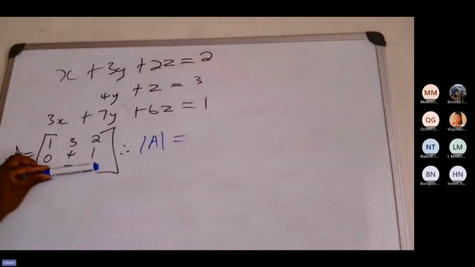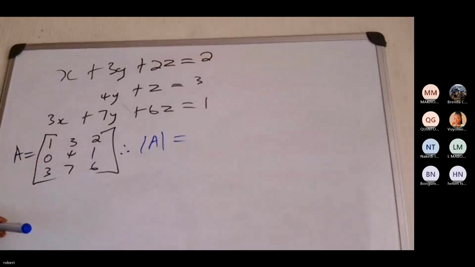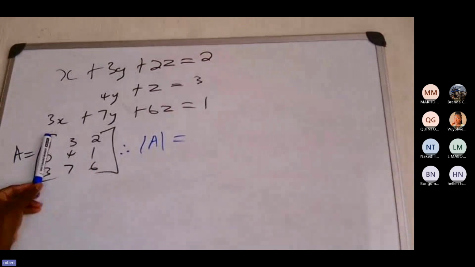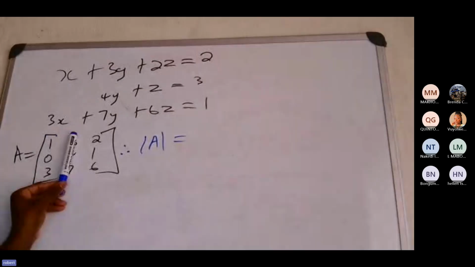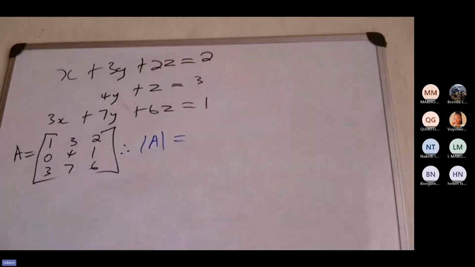What about the third row? No 0. What about the first column? There is a 0 here, 1. Here, none. Here, none. Therefore, you better expand using the first column or the second row. It will halve your work. Either use the first column or the second row.